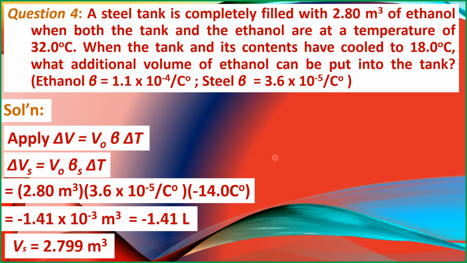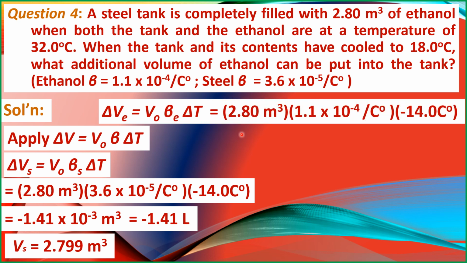Next, we will also apply the same procedure or computation for determining the change in the volume of ethanol. The same formula, we just change the value of beta, substituting 2.80 meter cube as the initial V naught, and the value of beta for ethanol is 1.1 times 10 to the negative 4 per Celsius degree.